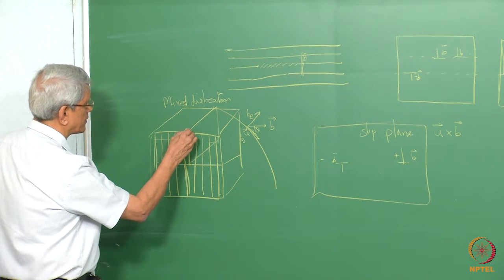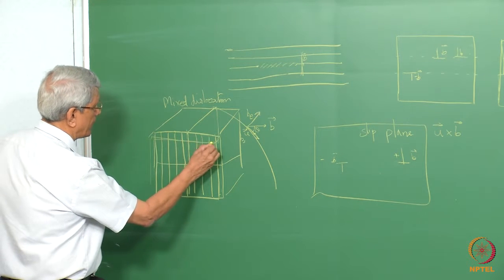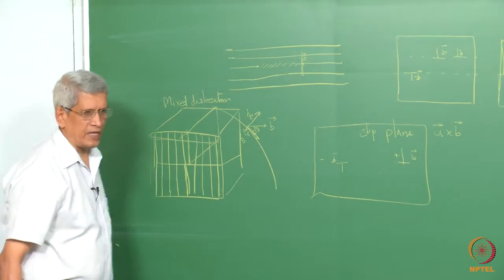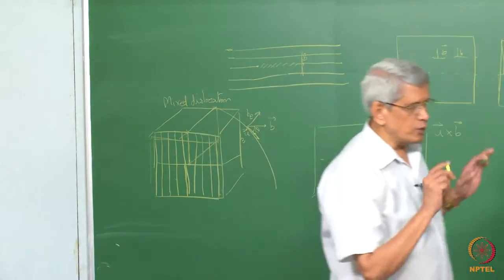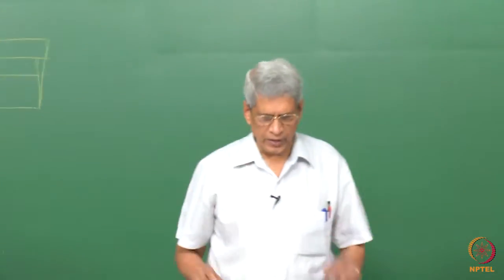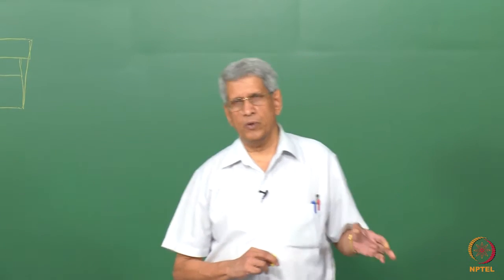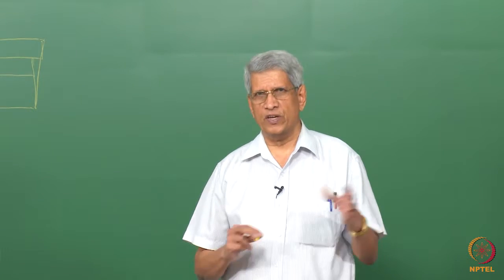The dislocation has come out of the sample surface here and out of the sample surface on the other side. That means that the dislocation can never end within a material. The dislocation can end either at grain boundaries or at free surfaces.